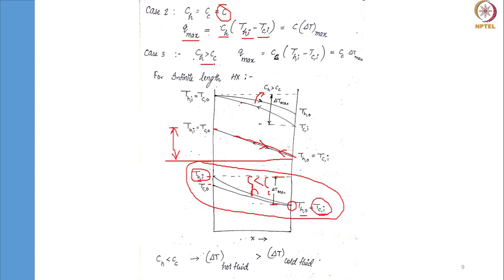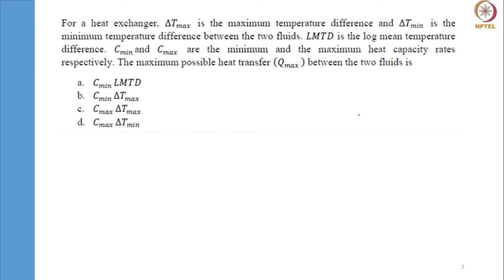For the third case where C_H is greater than C_C, we write Q max as C_C into delta T max, which is nothing but T_H,i minus T_C,i. What is C_C here? It's the minimum heat capacity fluid. So as a result, the correct answer is going to be C min into delta T max.